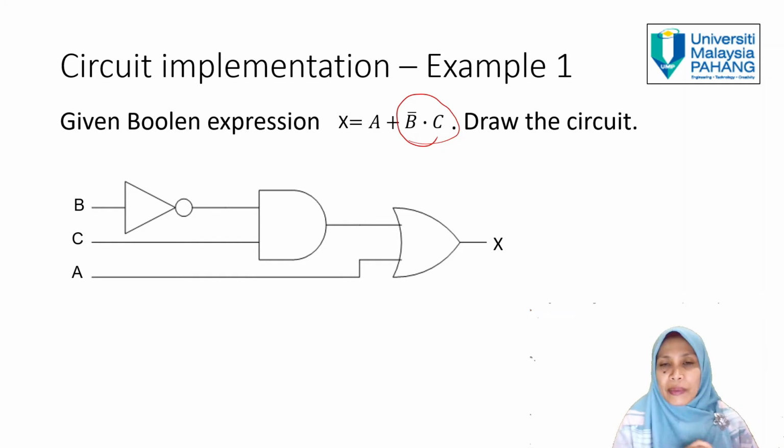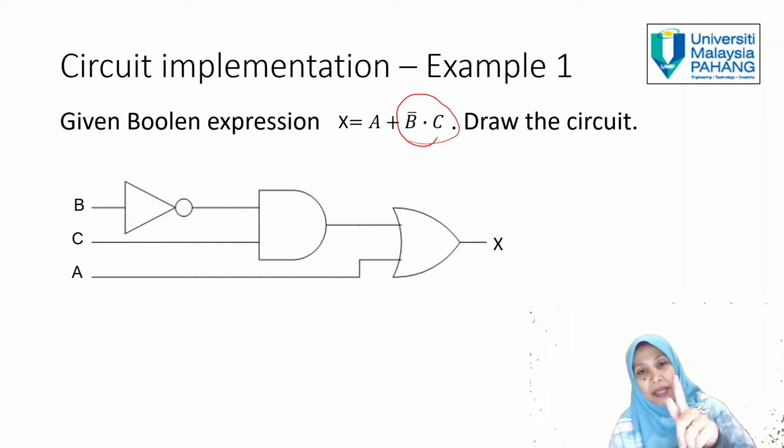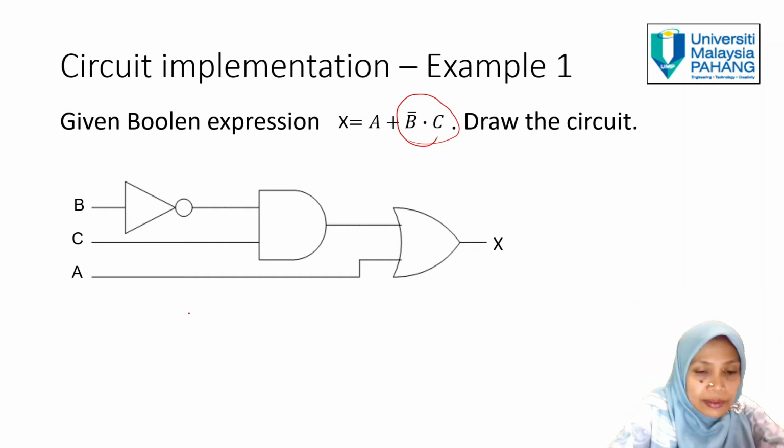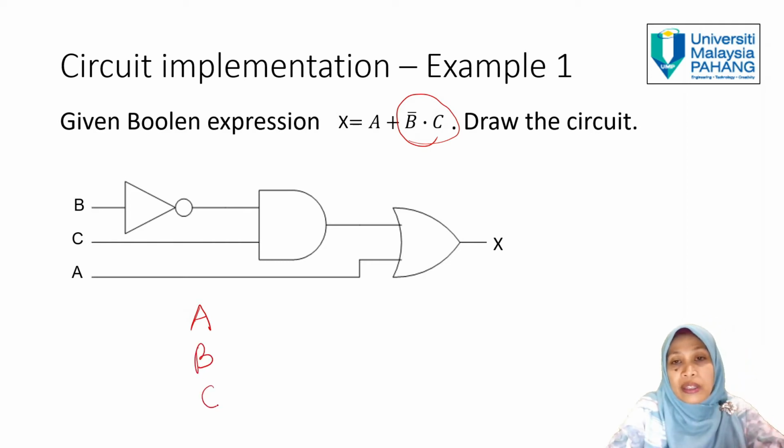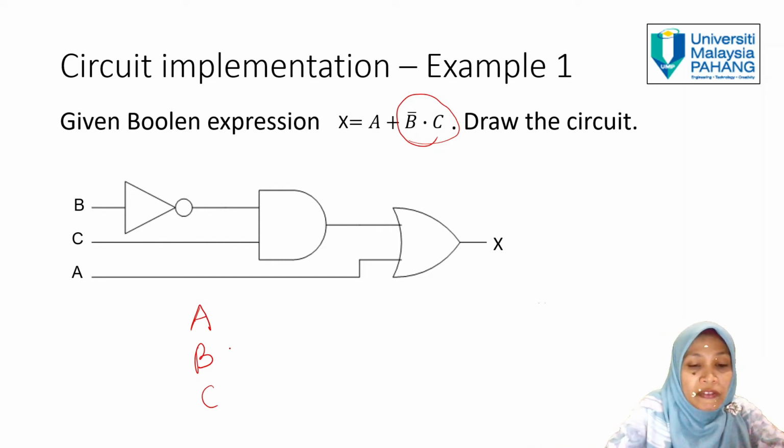Before that, the first step is to determine what the inputs going to the circuit are. So we have 3 inputs, A, B, and C. I just write down all the inputs A, B, and C. So because the first operation is the AND gate, the input of the AND gate is B bar dot C. So we need the inverter to invert B to become B bar.